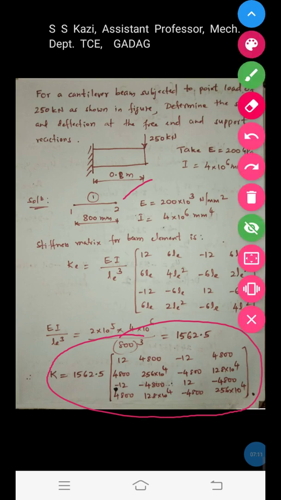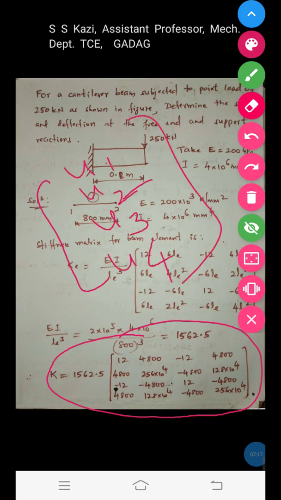What is that U matrix? You should write U1, U2, U3 and U4, where U1 is the deflection at node 1, U2 is the rotation or slope at node 1, U3 is the deflection at node 2, U4 is the slope or rotation at node 2. Because at each node there are 2 degrees of freedom of the beam element. One is deflection, another one is rotation.